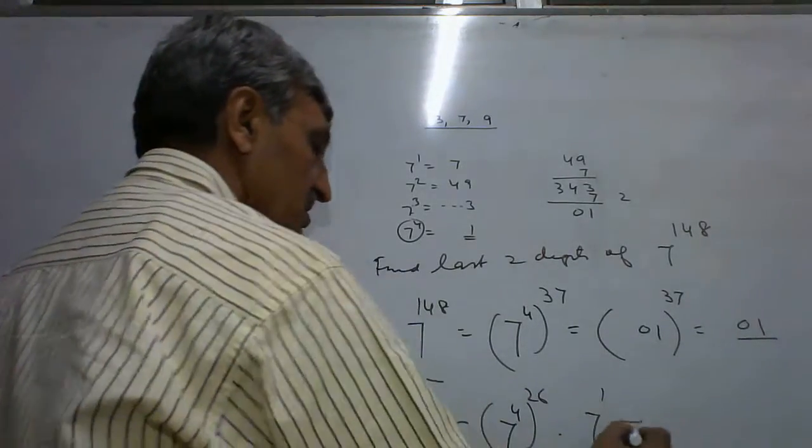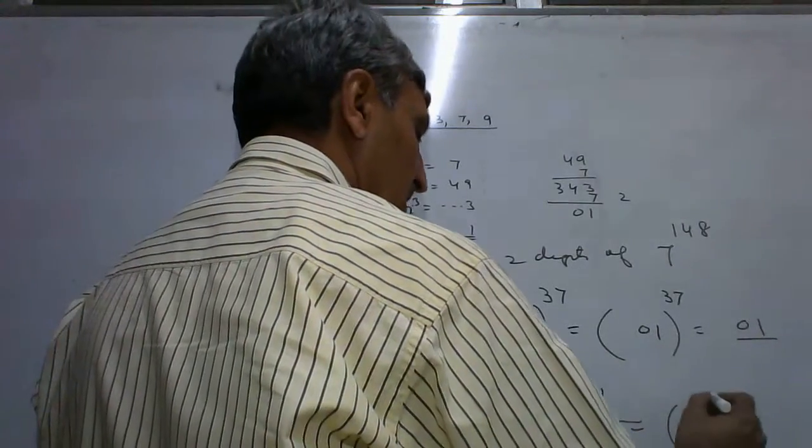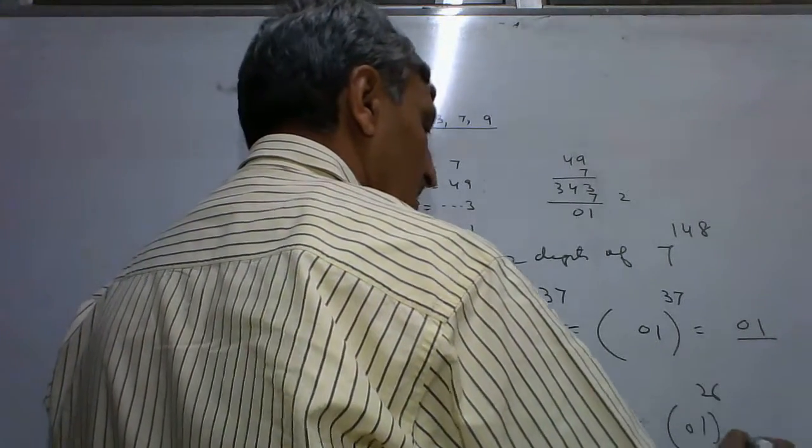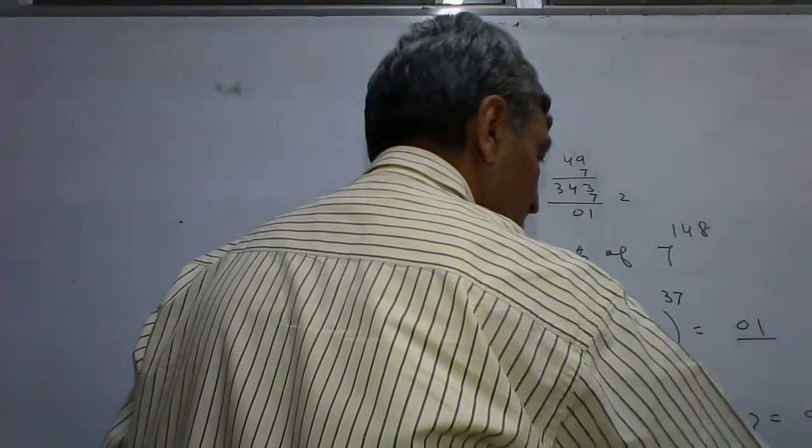The answer of this is 01 raised to the power 26, which is 01, into 7. The answer is 07 as the last two digits.